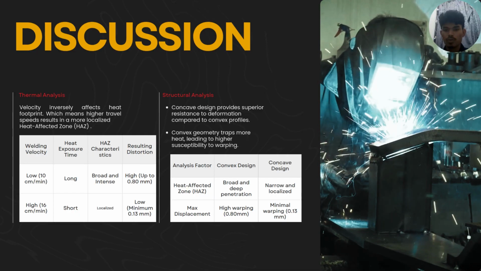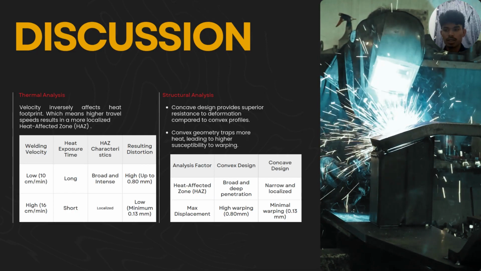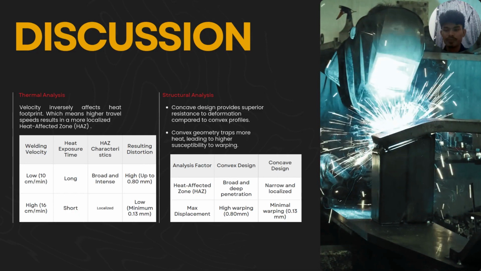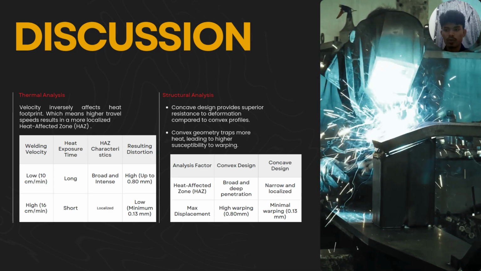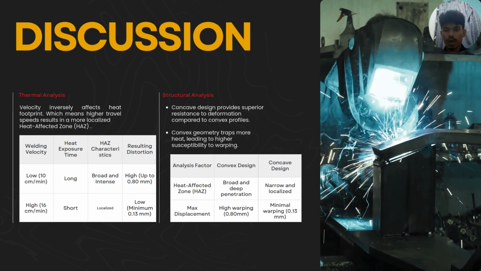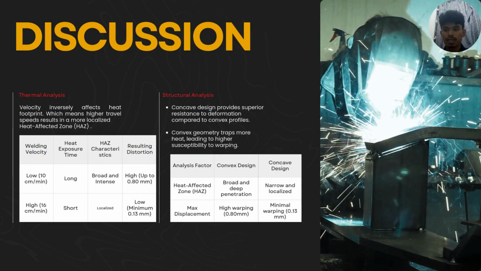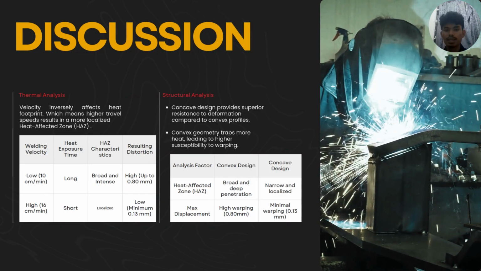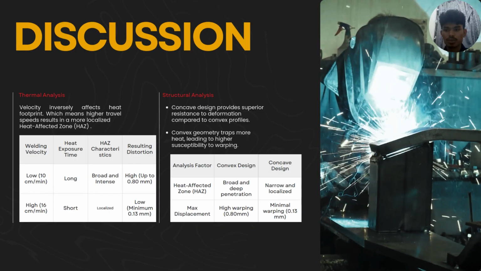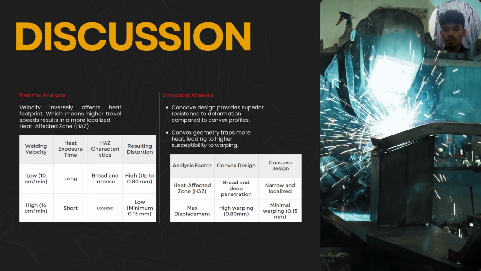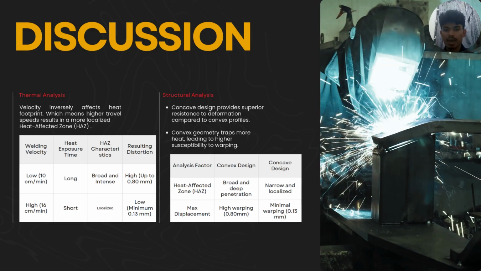For the low one, the heat exposure time is too long for the weld, the HAZ characteristics are broad and intense, and the resulting distortion is high, up to 0.80 mm.